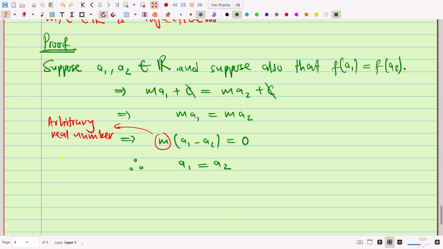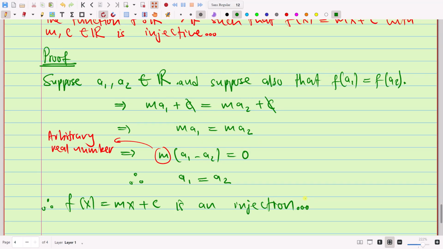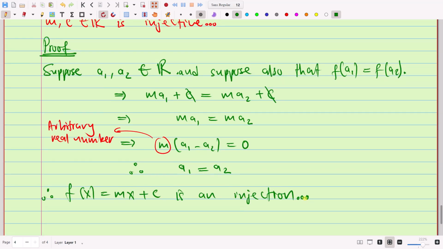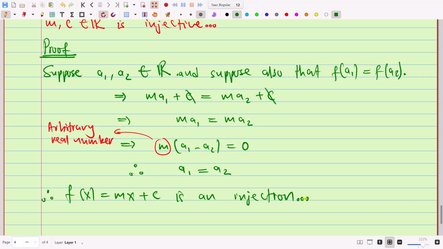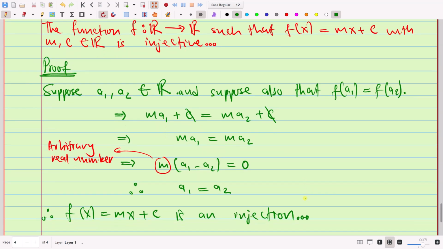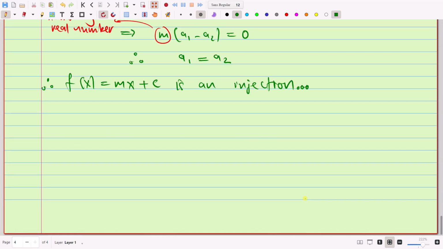Therefore, f is an injection, just as we have seen here. It is always good to make sure that you know how to deal with all this.